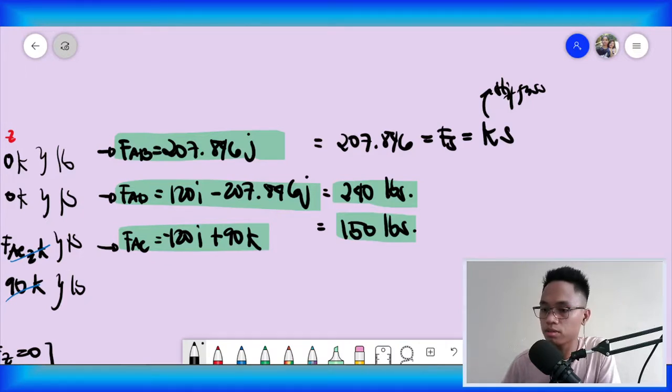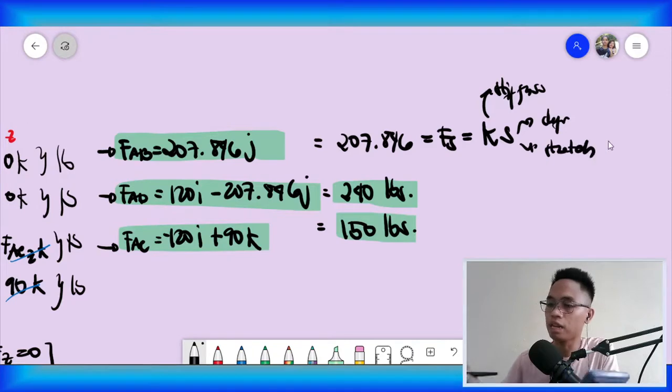Okay, so we have this equation above, where your stiffness is your K and your S is your deformation, usually called your stretch, how much your spring is deformed.